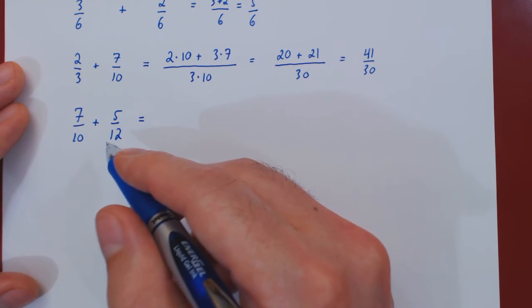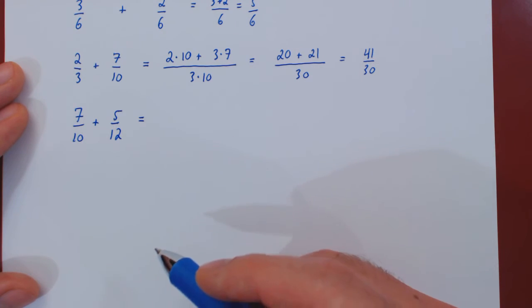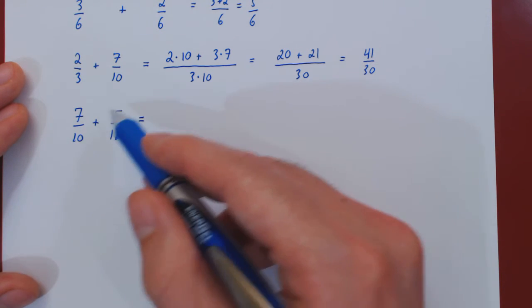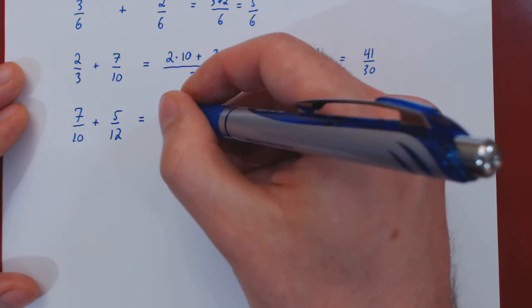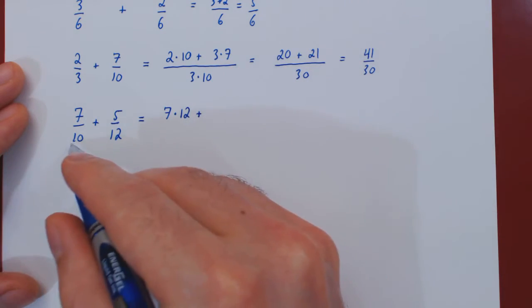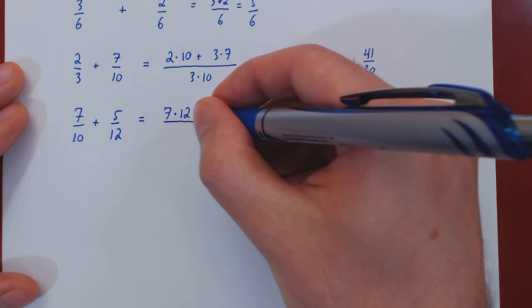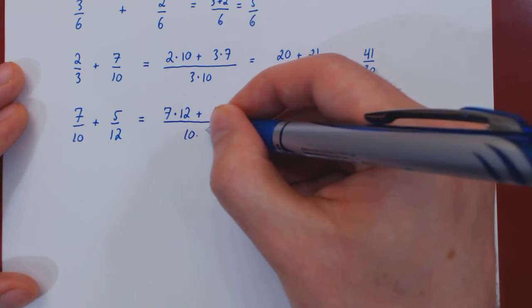So again, this will be the naive solution, where we're going to work a little too much. So we perform the cross multiplication, 7 times 12, plus 10 times 5, over 10 times 12.